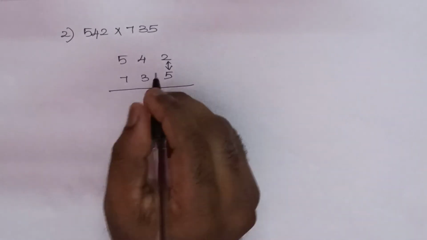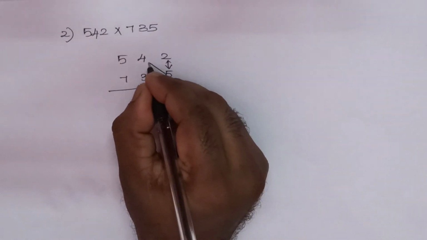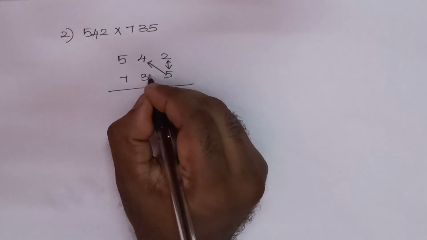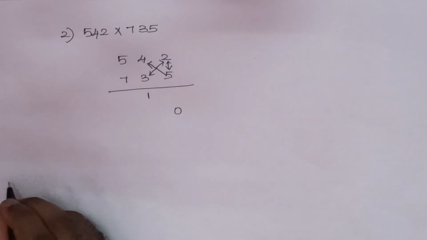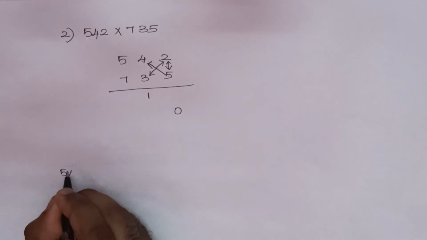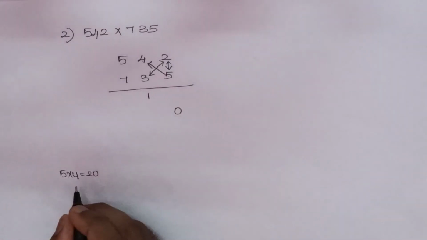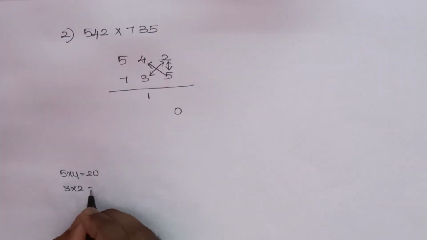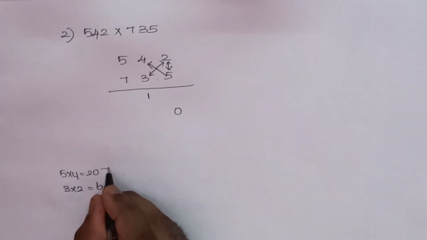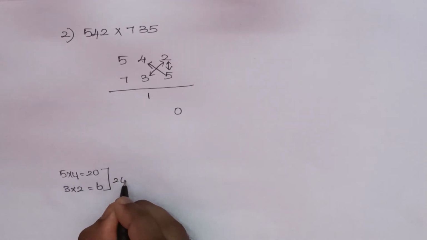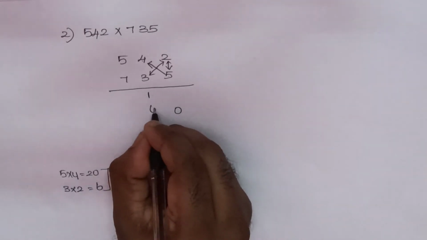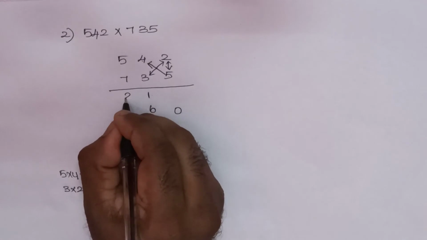And you have to cross multiply the unit places with the 10th place, and finally add. So 5 into 4 is 20 and 3 into 2 is 6. While adding both you will get 26. So put 6 and 2 as a carry.